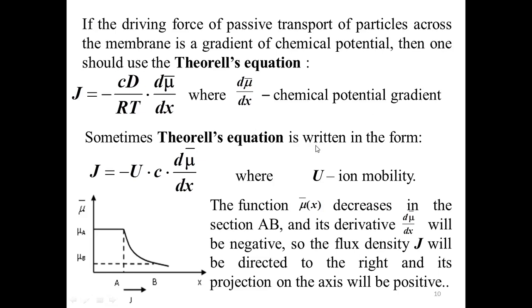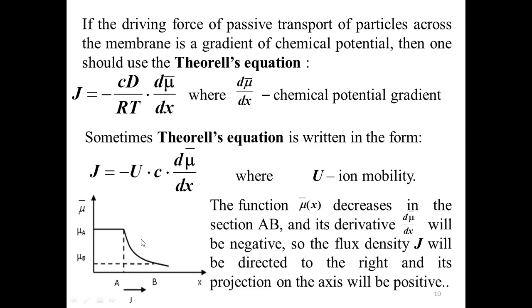Sometimes we can write it in such a form where U represents the ion mobility, consisting of this value D divided by RT. The chemical potential decreases in section AB, as shown in the picture, so its derivative will be negative, and flux density J will be directed to the right, and its projection on the axis will be positive.